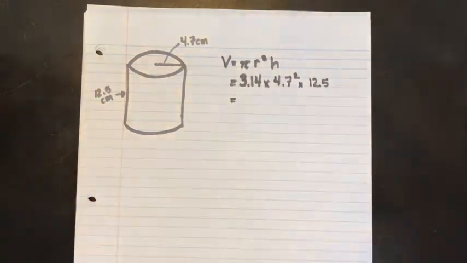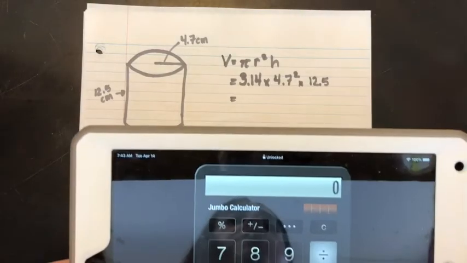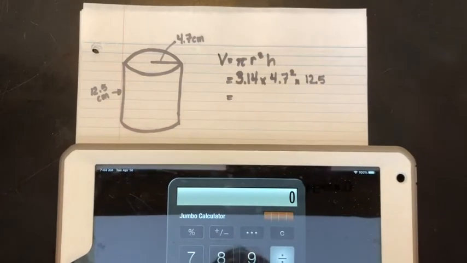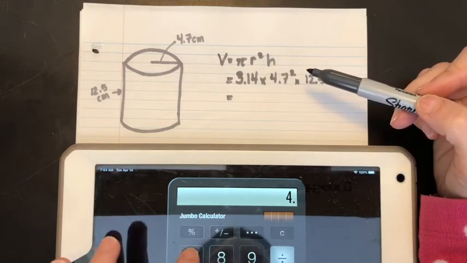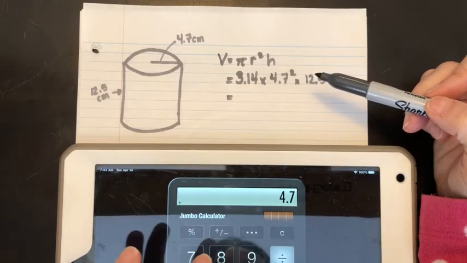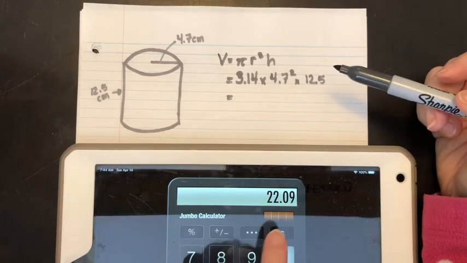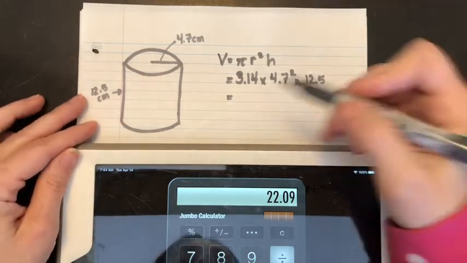So then I'm going to get out my calculator, which is the next thing you're going to need, and you're totally allowed to use a calculator, and I'm only going to show you here the bottom half of this. I'm going to start with the squared units here. So I'm going to go 4.7, multiplying it by itself, 4.7. And then when I hit the equal sign, it's going to give me 22.09. And I'm going to copy everything else out.